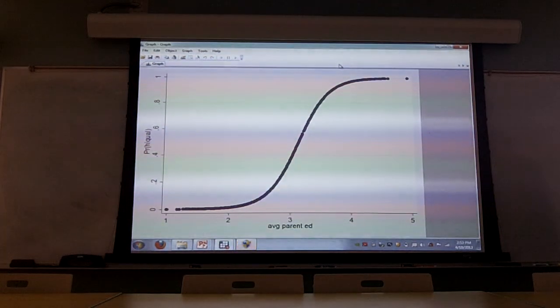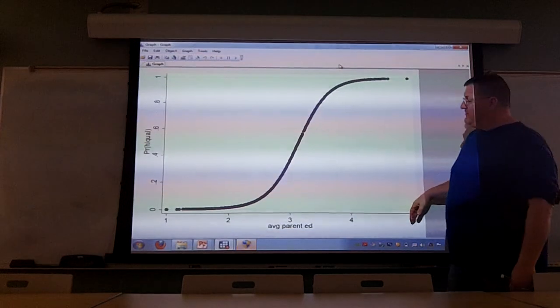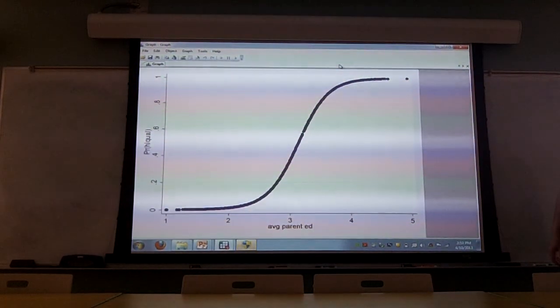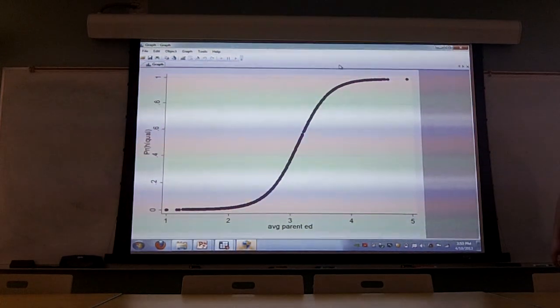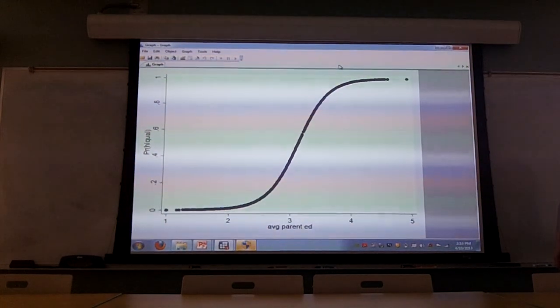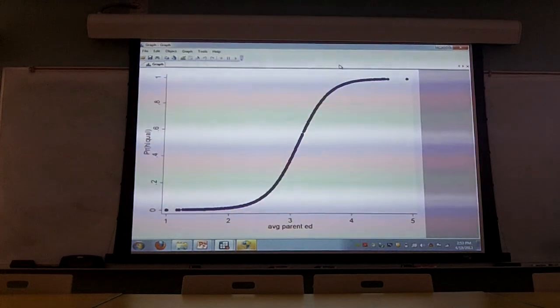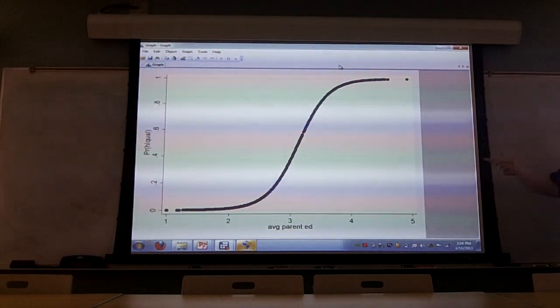Right, so what we're saying is as the average number of years in a parent's education increases, what happens to the probability of their child being in a high quality school? Goes up like a lot, right? What happened if the curve were the other way, though?